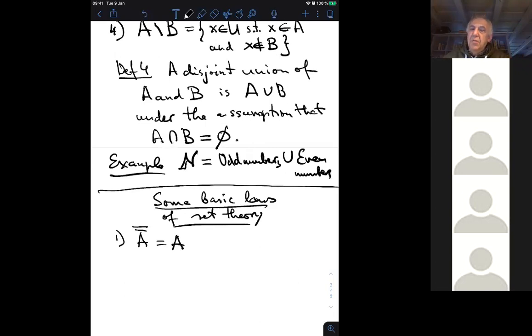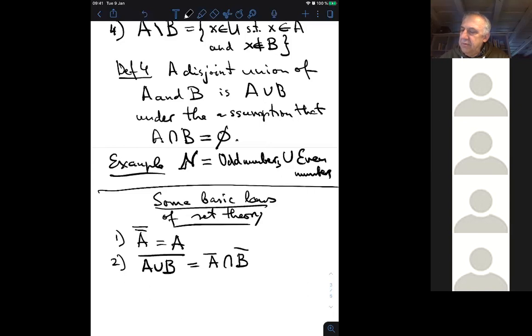If we take the complement of A in our universal set, we'll get all elements which are in our universe which are not in A. And if we take the complement of the complement, we'll get A back. Fairly straightforward, rather simple thing. Now, if we take the union and then take the complement, the complement of the union is the intersection of the complements.